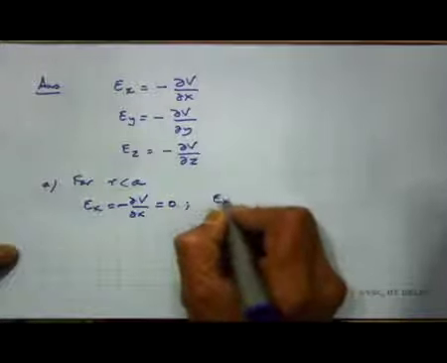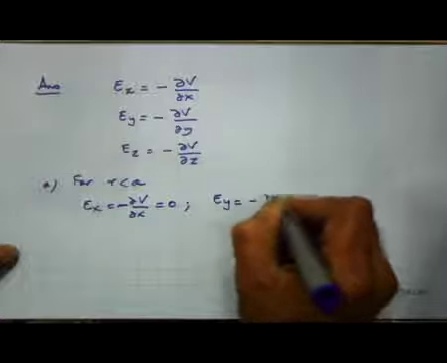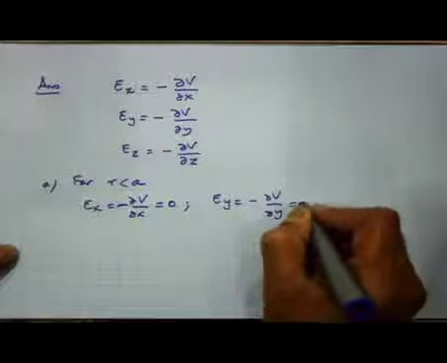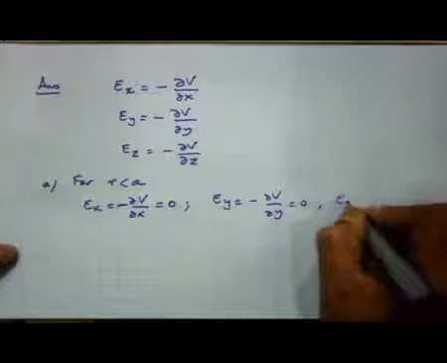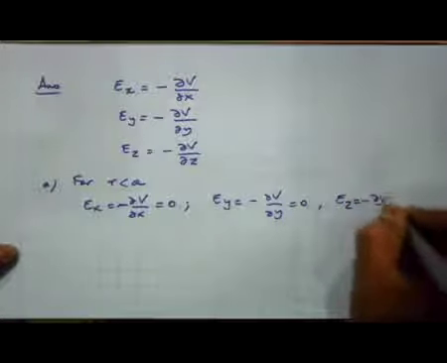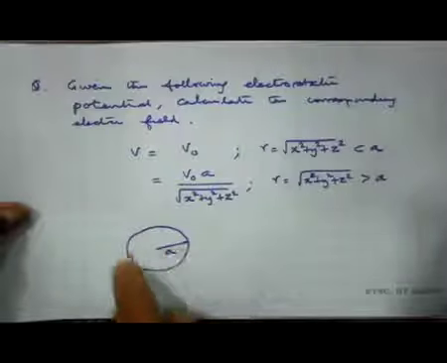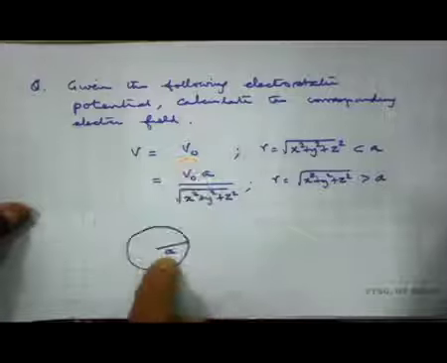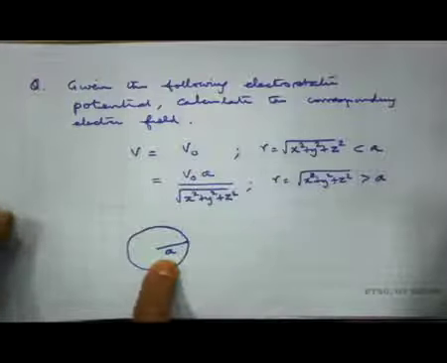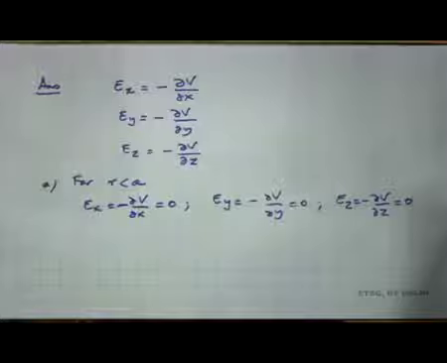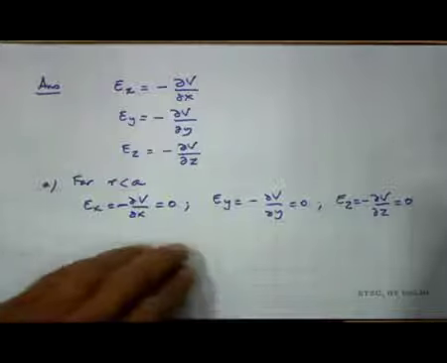Similarly, E y is equal to minus del V by del y equal to 0, and E z is equal to minus del V by del z equal to 0. So, within this sphere of radius a, because the potential is constant, there is no electric field. Now, what about for r greater than a, outside the sphere?